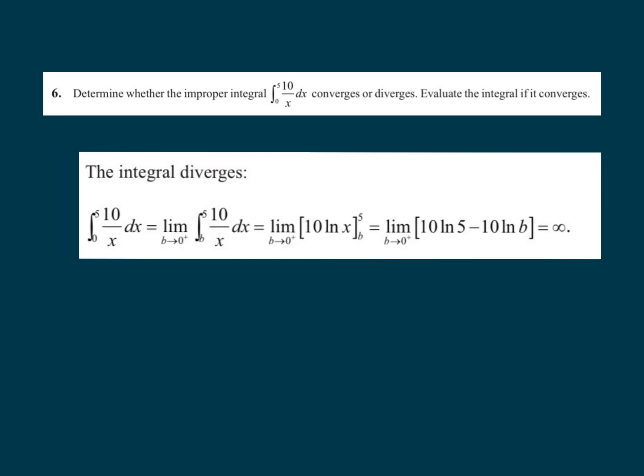The next one says, now the function is 1 divided by x. It's a different function. If you represent the function 1 divided by x, it is like this. It is a function that goes like this, and in the negative quadrant, in this quadrant, will be 1 divided by x.